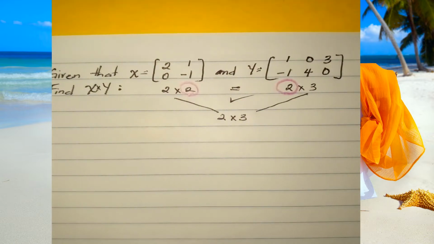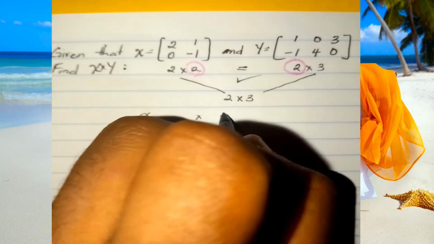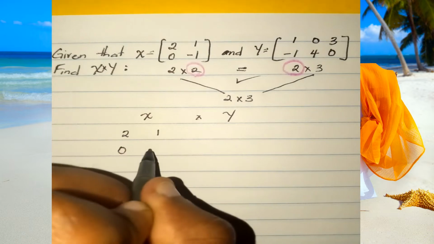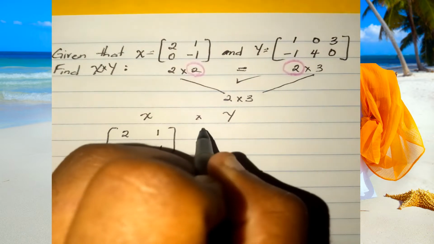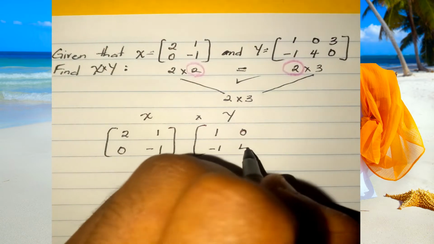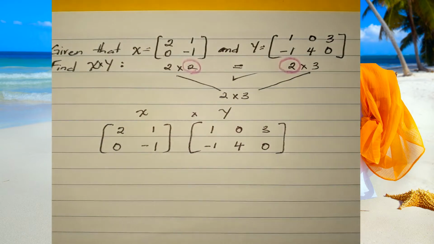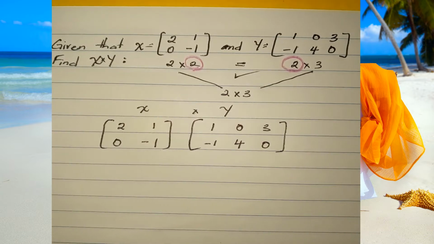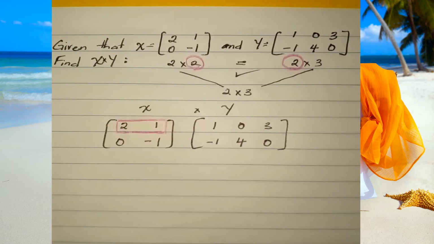So let's get into it. I'm doing X by Y, and X was 2, 1, 0, negative 1, and Y was 1, negative 1, 0, 4, 3, and 0. And remember, when we're multiplying matrices, we multiply row by column.